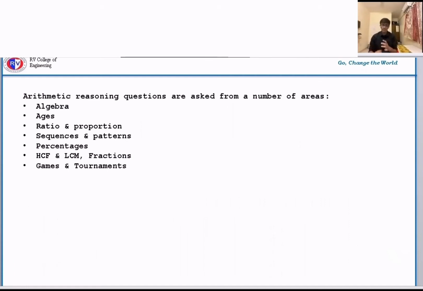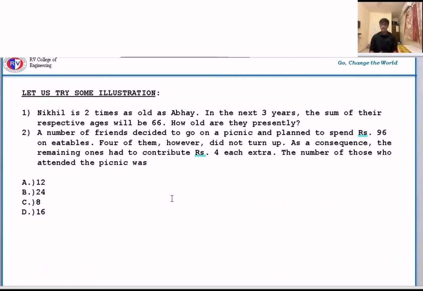Now, I would like to illustrate this arithmetic reasoning concept through an example. See, over here, in the question it is written that Nikhil is 2 times as old as Abhay. This means if we take Abhay's age as X, therefore Nikhil's age would be 2X.